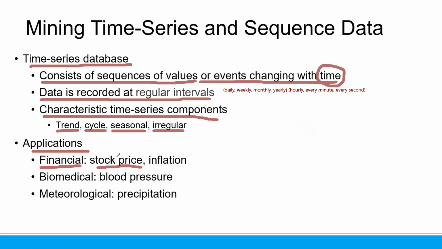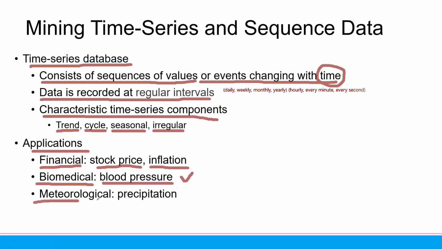So it is one of the applications of the time series database. And then inflation. When we are dealing with the economy, of course, it is time series. Biomedical. If you measure your blood pressure, maybe you have a medical checkup every year or every 2 years, then they will have this kind of information in the database, and they will give you some health information based on the blood pressure that has been stored.